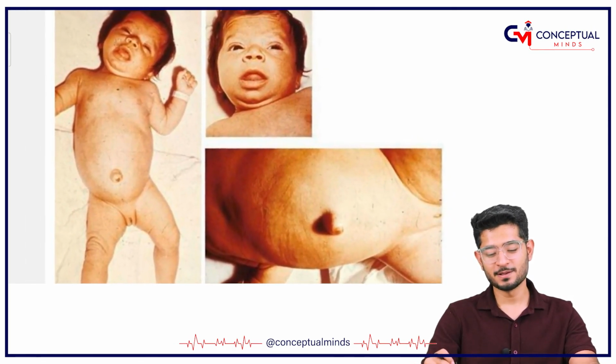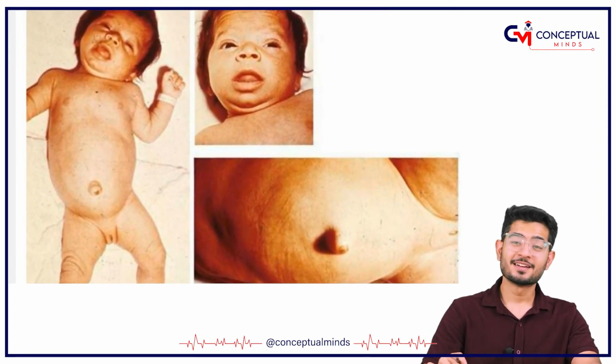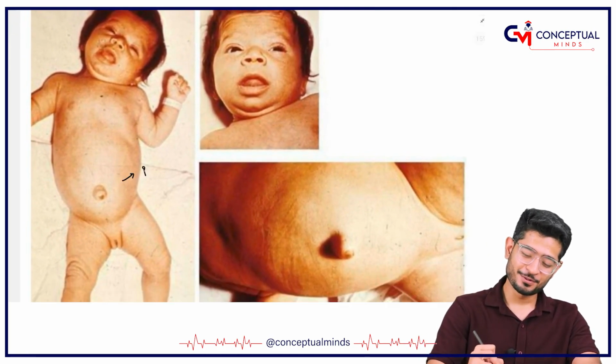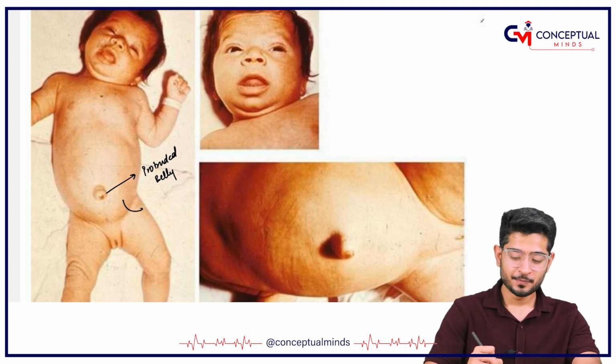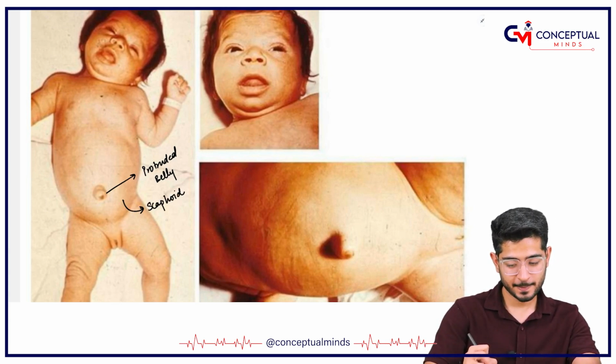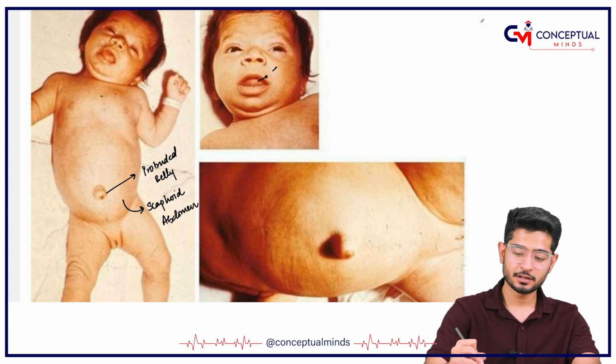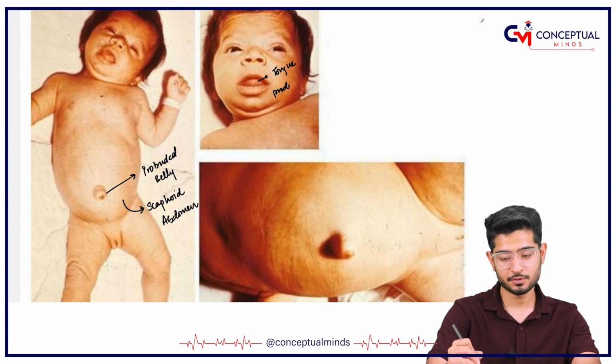So see this baby, she is having a protruded abdomen, a protruded belly. Okay, can you see the belly is protruding out? She is having a scaphoid abdomen. Baby is having a tongue which is protruding out, so he or she is having a protruded tongue.